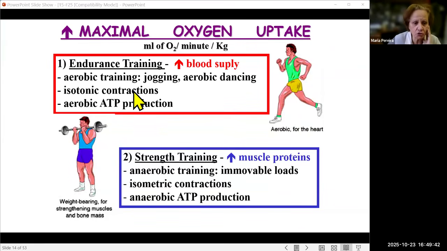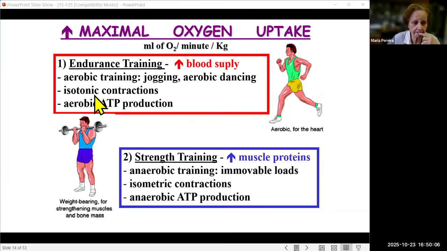So this cardiovascular training uses ATP produced by the aerobic mechanism. It uses isotonic contractions. So if you remember, what are isotonic contractions? Isotonic contractions mean that the weight is always the same. It's the size that changes. The force is the same because it's the weight of the body. It doesn't change while you're running.